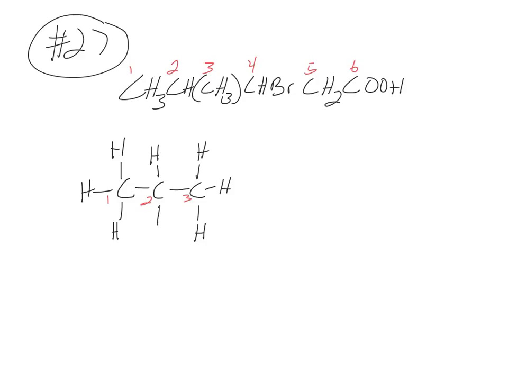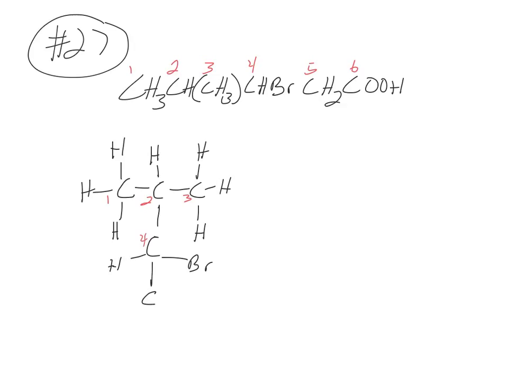So now 2 is bonded to 4. What else is 4 bonded to? 2, and a hydrogen and a bromine. That's only 3 bonds for carbon 4. Now what else is it bonded to? It has to be carbon 5.